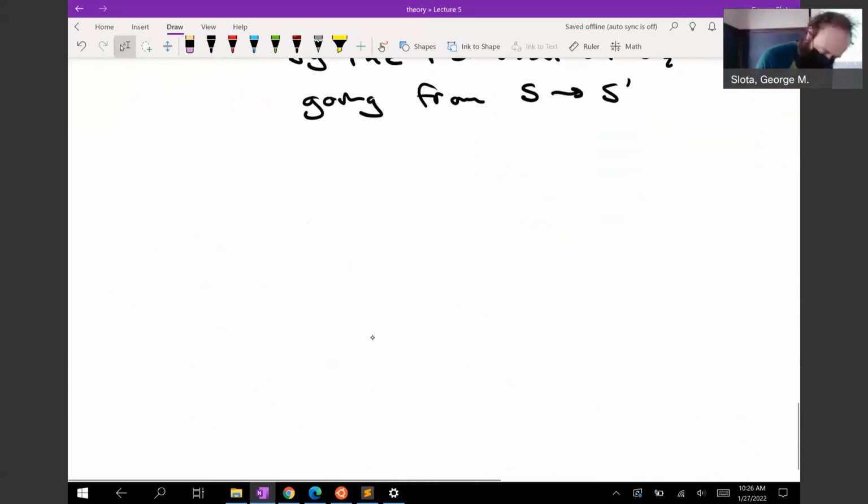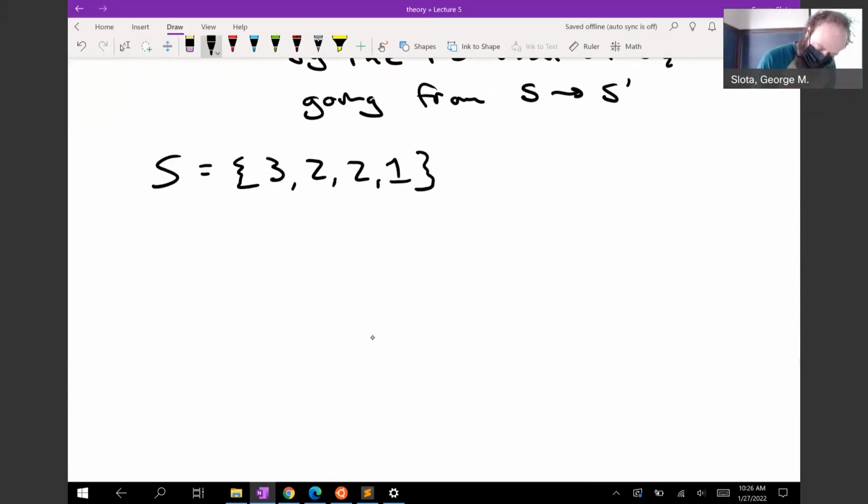So let's take a look. Just use that same sequence. Here, we could arbitrarily label these V1, V2, V3, V4, just for visualization purposes.